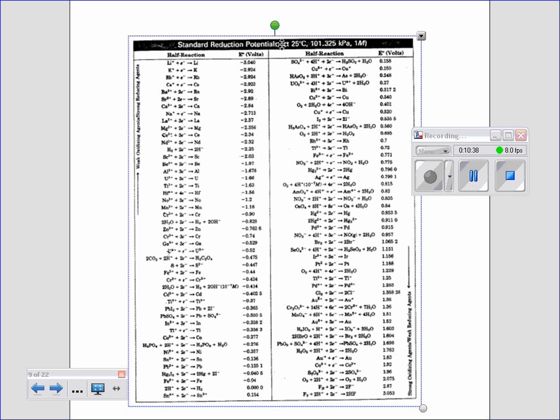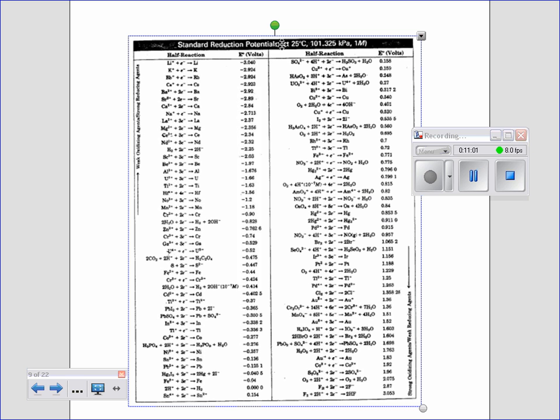So this is a table of standard reduction potentials. If you notice, every single one of these half reactions is a reduction half reaction. To make a full reaction, we need a reduction and an oxidation. So we'll ultimately be combining two of these together. One is going to stay reduction, and what are we going to do to the other one? We're going to flip it and change the sign of the voltage.